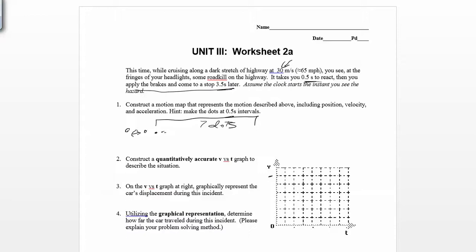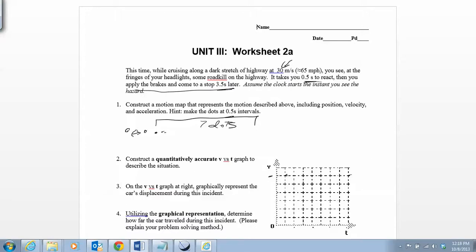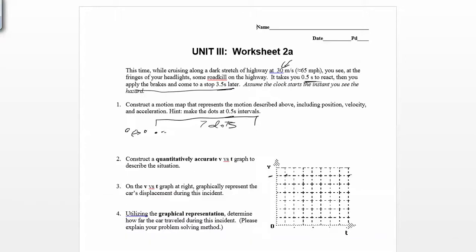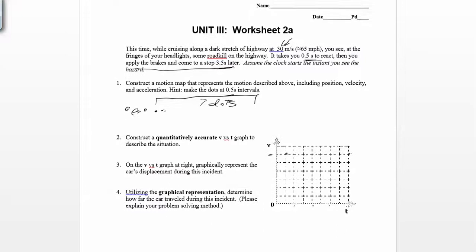So it looks like we're going to use all of this graph. So we're going to go constant velocity for half a second. Then what happens from here to there? You need to graph that. Go back and look at the problem to figure that out. They give you all the numbers that you need.